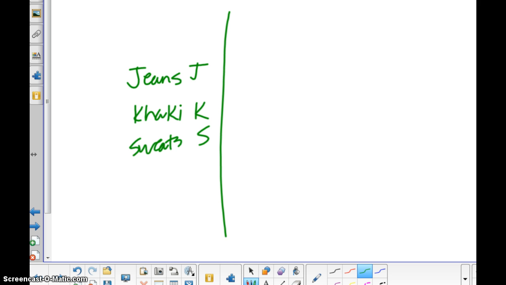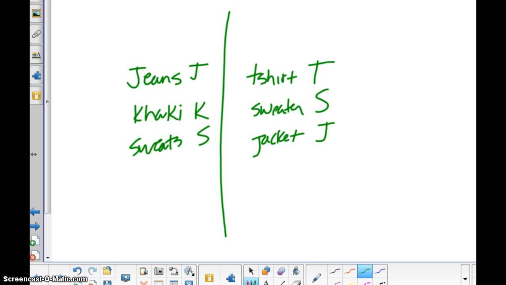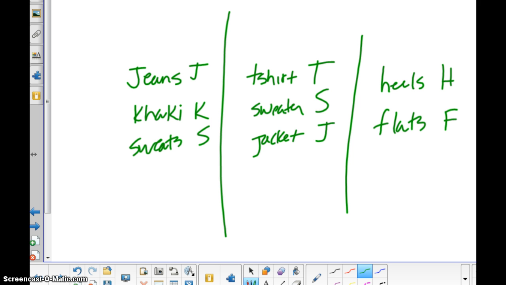Now for tops, I can either wear a t-shirt, a sweater, or a jacket. For shoes, I can either wear heels or I can wear flats. Question number 1. How many different combinations will I end up with?